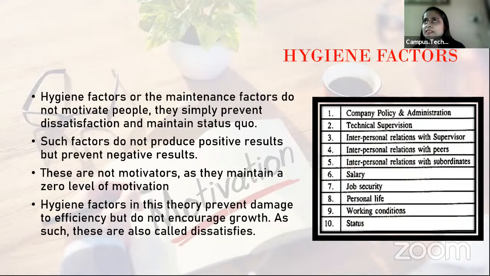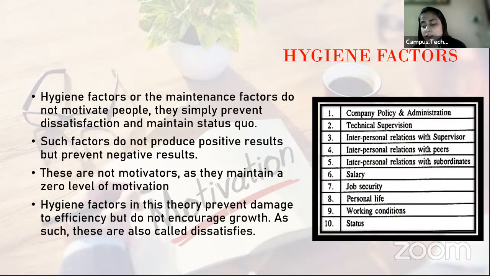There are many policies, like providing childcare facility, maternity leave, paternity leave, organizing regular health checkup camps for the employees, taking care of their good health. So these are all the company's policy, and these prevent you from any negative results.